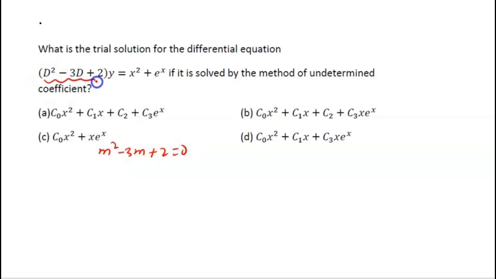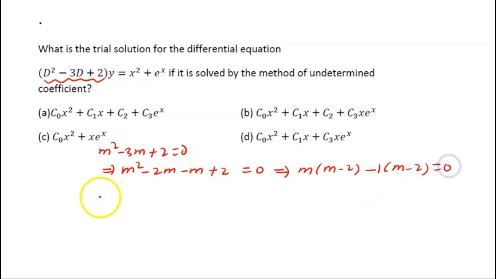This gives m square minus 2m minus m plus 2 is equal to 0. Taking m common and minus 1 common, m minus 2 is common. So we get m minus 2 into m minus 1 is equal to 0. Therefore m is equal to 2 and 1.